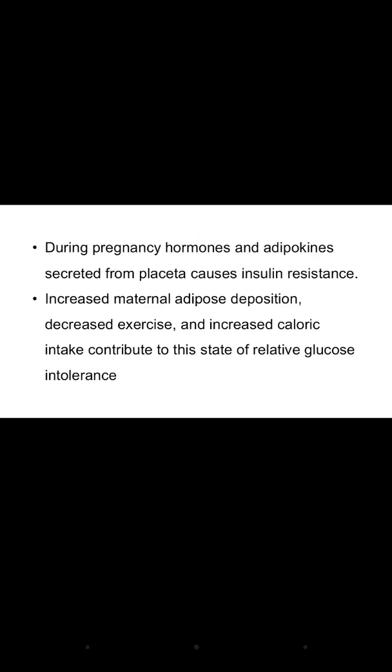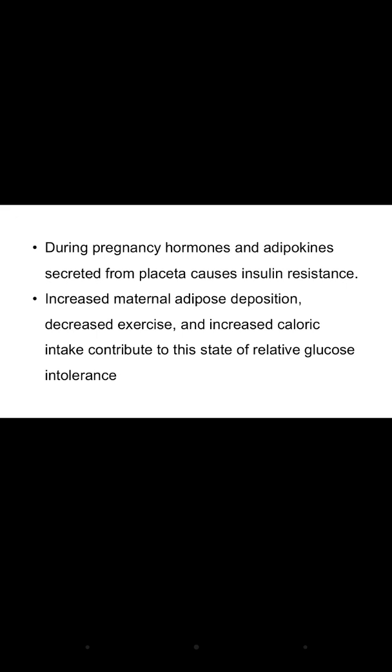Now, why does it occur? We have already discussed the pathophysiology of type 1 and type 2, but why does gestational diabetes occur? During pregnancy there are various hormones and adipokines secreted from the placenta, and these hormones and adipokines are causing insulin resistance.